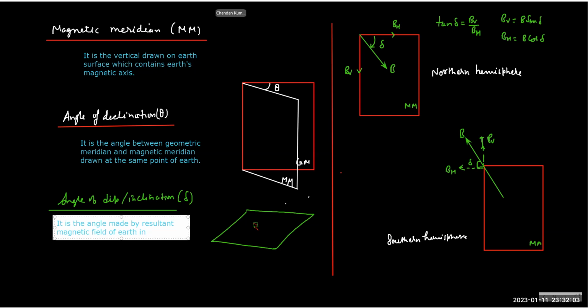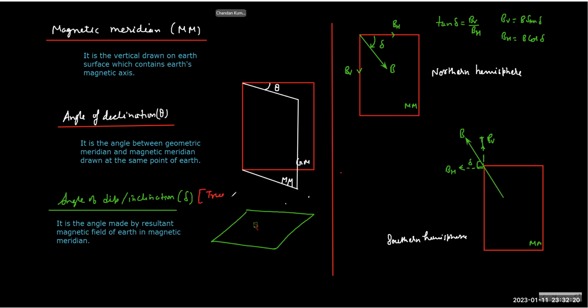Magnetic meridian. So when you find the angle in the magnetic meridian, it is called true dip. By default, dip means true dip. But we will also come across something called apparent dip, which we obtain in the geometric meridian. And how we do so, I'll explain shortly.